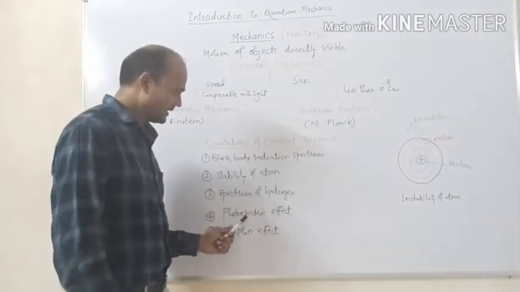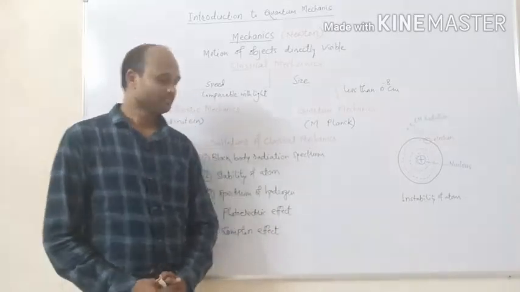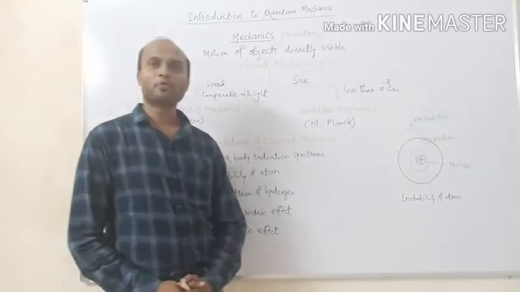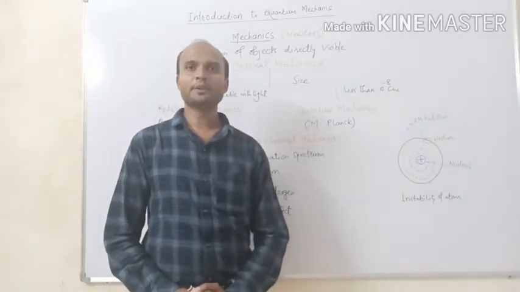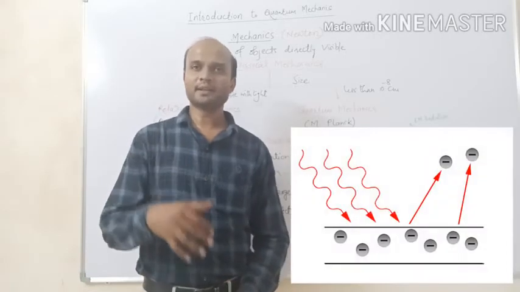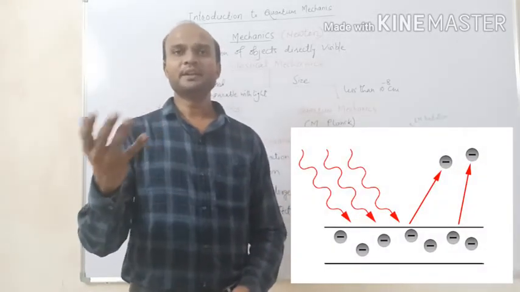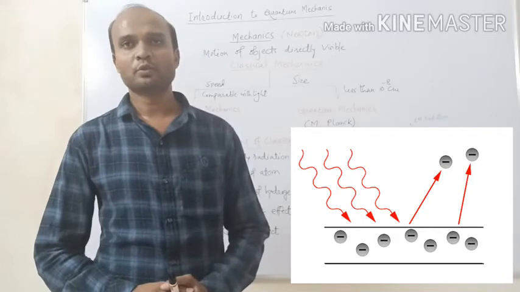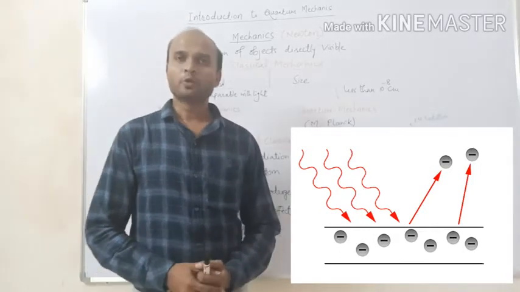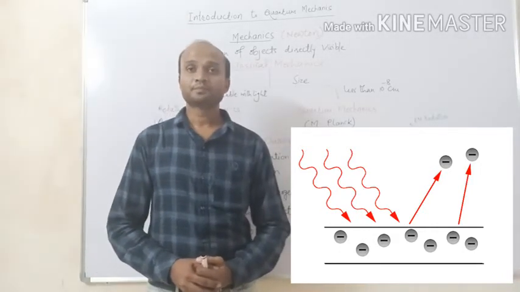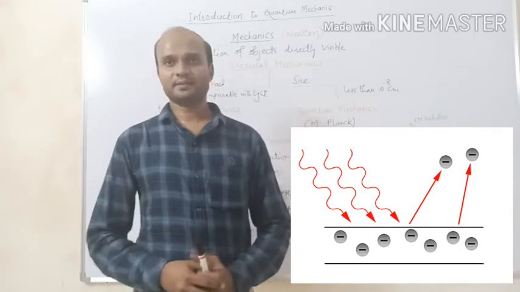Then Heinrich Hertz performed an experiment of photoelectric effect. According to him, when light is incident on a metal, then metal will emit the electrons, and that is called a photoelectric effect. This photoelectric effect is frequency dependent.